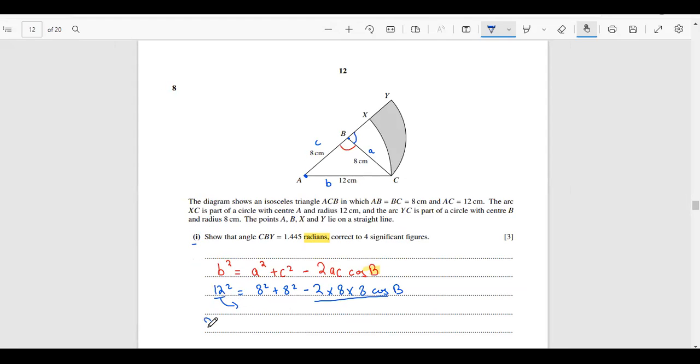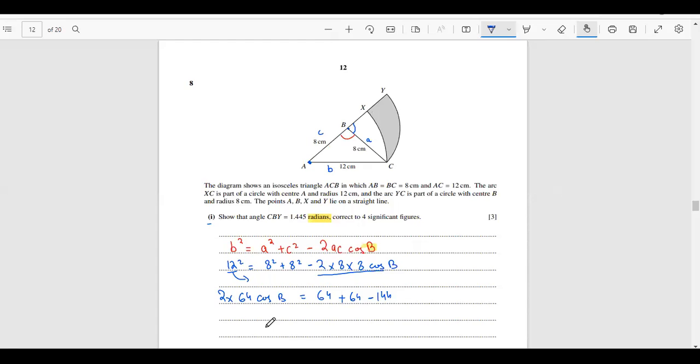So this would give me 2 into 64 cos b equals 64 plus 64 minus 144. Now we can just simplify things, and cos b would turn out to be minus 1 by 8.